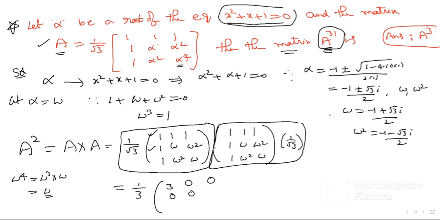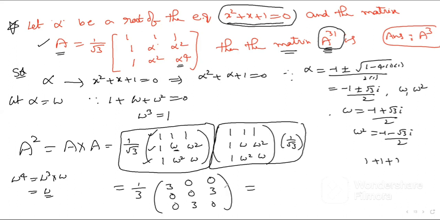Second row, third column: 1 into 1 is 1, omega into omega square is omega cube, which is also 1, omega square into omega is 1. This is 3. Next, third row with the first column is 0. Next, third row, second column: 1 into 1 is 1, omega cube, this is 3, and this is 0.